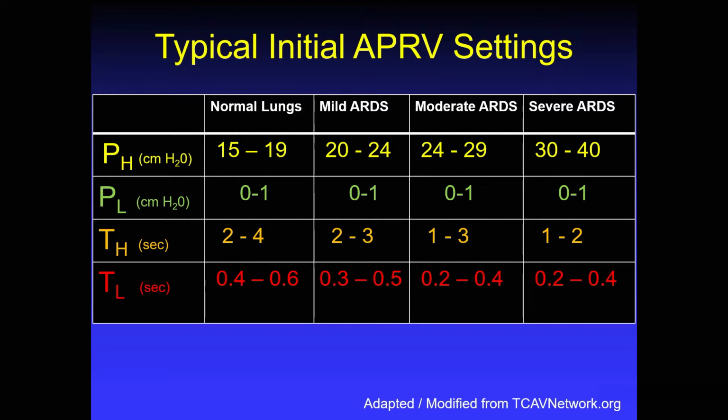Stiff lungs snap shut quicker, so your peak expiratory flows are quicker, so your T low has to be quicker. Otherwise, you get de-recruitment. Just generally speaking, the sicker the patient, the higher the P highs, the lower the T highs, and the lower the T lows. But here are some specific ranges and guidelines, which I think will guide you well.